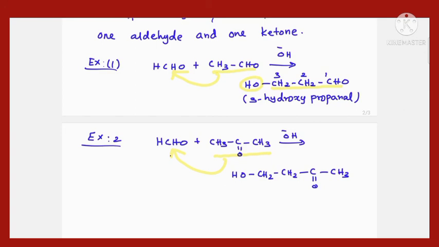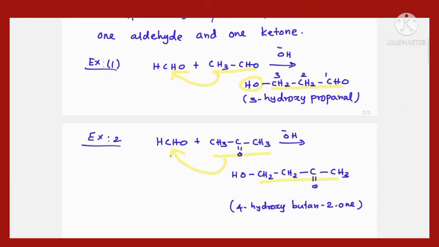The name of this compound is 4-hydroxybutan-2-one. Actually, it is a ketone compound, a ketone derivative. Ketone with 4 carbons, butanone.